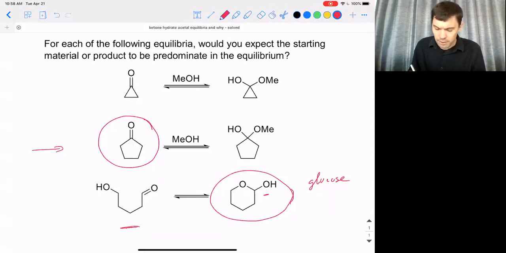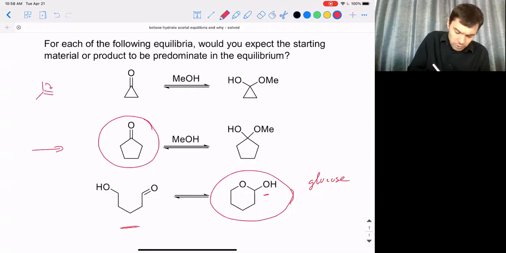The top one here is a fun, kind of interesting question. And remember that your average double bond angle here should be about 120 degrees. And remember that your average tetrahedral angle is 109.5 degrees.